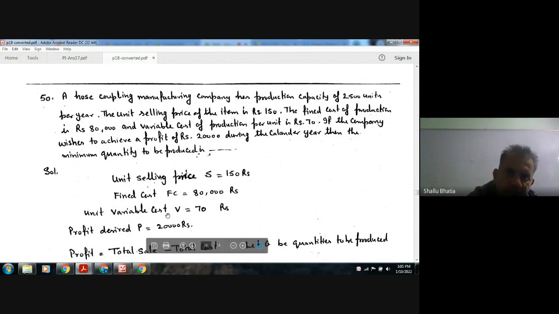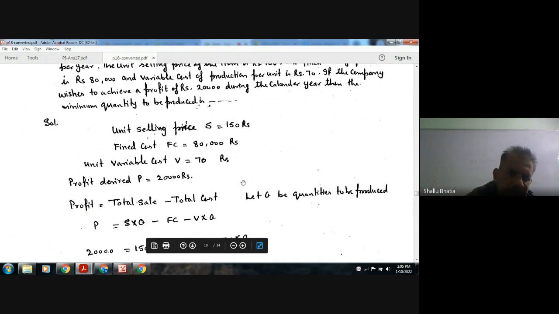Okay, and fixed cost is 80,000. Okay, this is fixed cost. And variable cost is 70. Okay, and then the profit desired is 20,000. So this is the simple calculation. So total selling minus total cost is your profit. So selling price is S and quantity is Q. And this is fixed cost, this is variable cost.